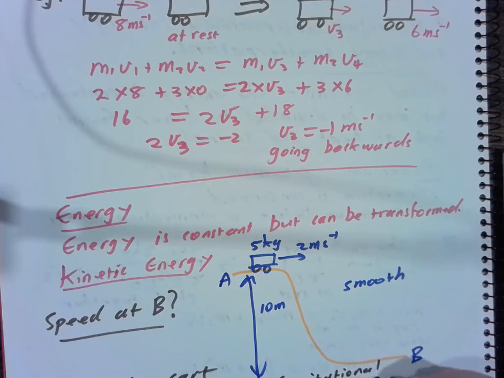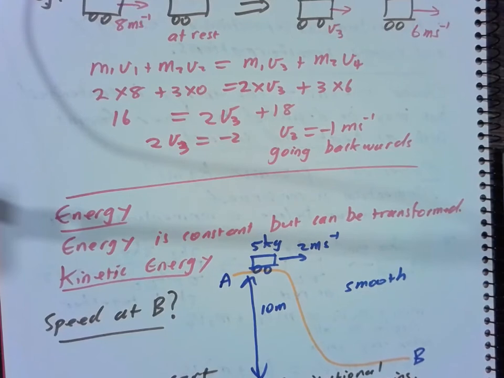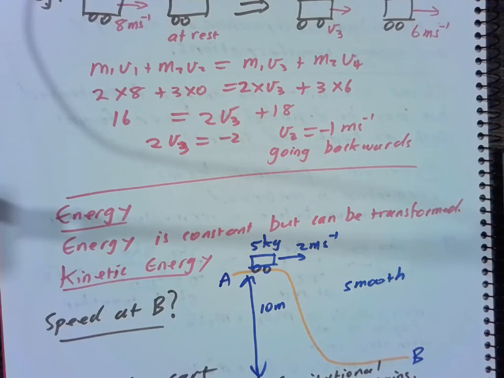So what that therefore means, once you understand the whole thing, is that at the bottom we can just simply go straight into the half mv squared version, because we know that the total energy is going to be the same. So total energy at top and bottom is the same.